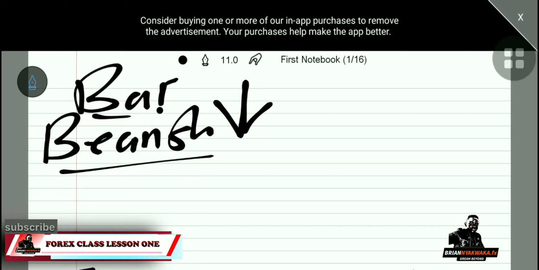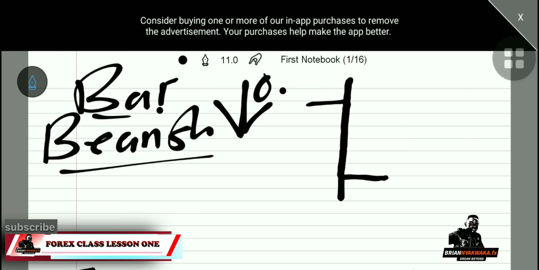So what does that mean? It means that the price opens at the top and then runs all the way and closes at the bottom, and we have the upper wick and the lower wick. So that's how a bearish bar looks like.